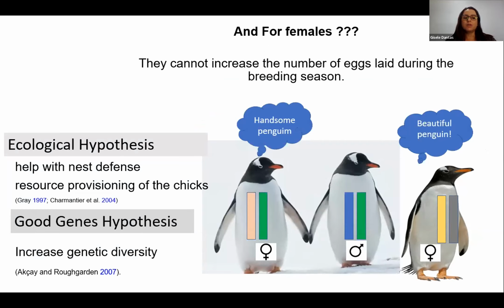For example, the ecological hypothesis says the females engage in extra-pair copulation to get help with nest defense and food for the chicks. Another hypothesis is good genes, where females have indirect benefits by increasing the genetic quality of the offspring.